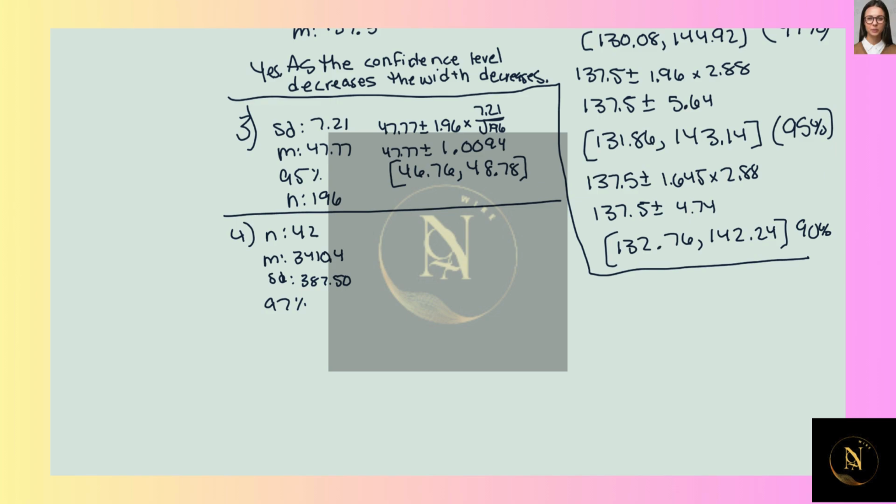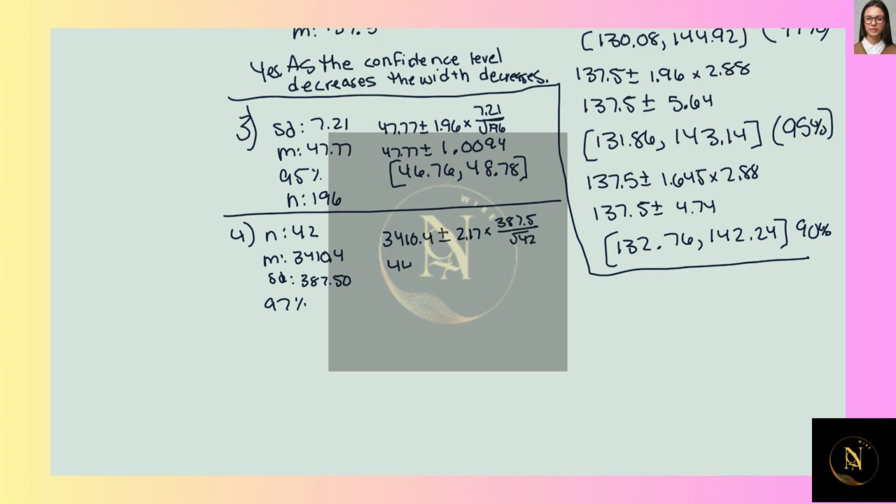Okay, so the first thing, you are going to take 3,410.4 plus or minus your z-score of 2.17 times 387.5 divided by the square root of 42.